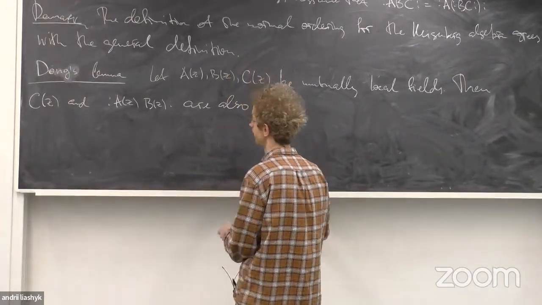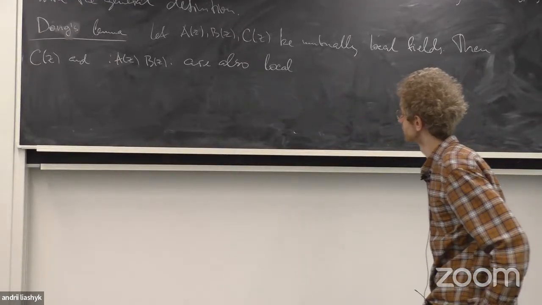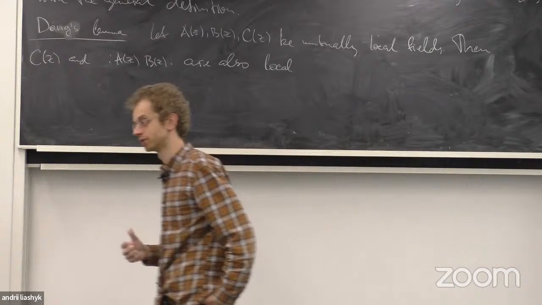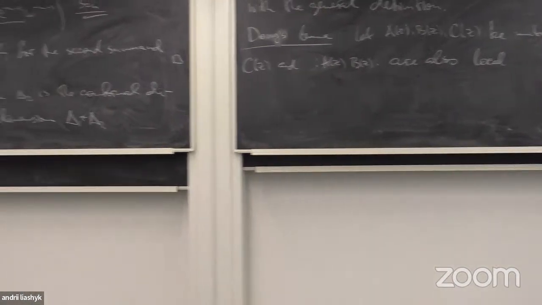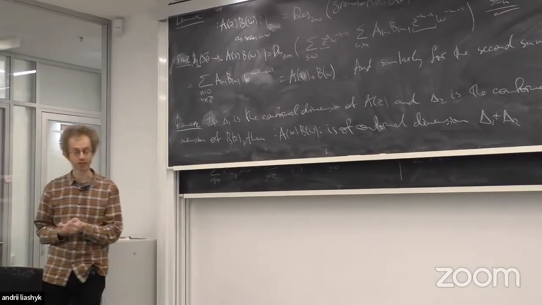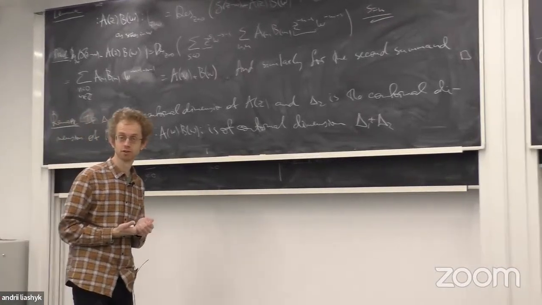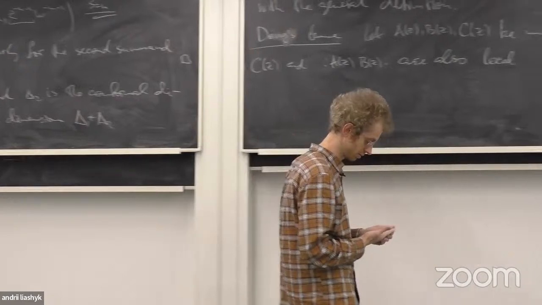Okay. So the lemma says that if you can check the locality of three fields, then if you organize a normal ordered product out of two of them, what you get is again local; the new fields are again local.